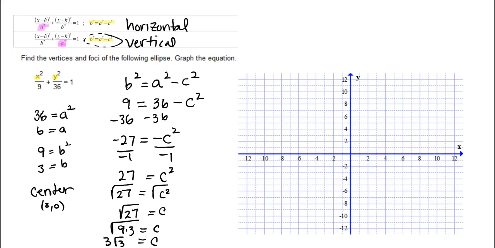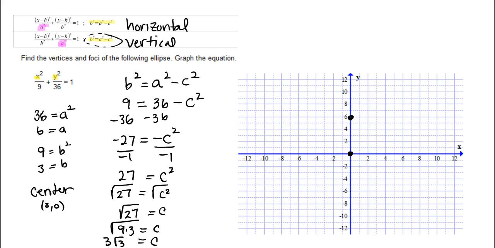I like to use the picture to help me figure out where the vertices and foci are. We have an ellipse that has a center at 0, 0. And since A is 6, and this ellipse is vertically oriented, I'm going to go up and down 6 units from the center.